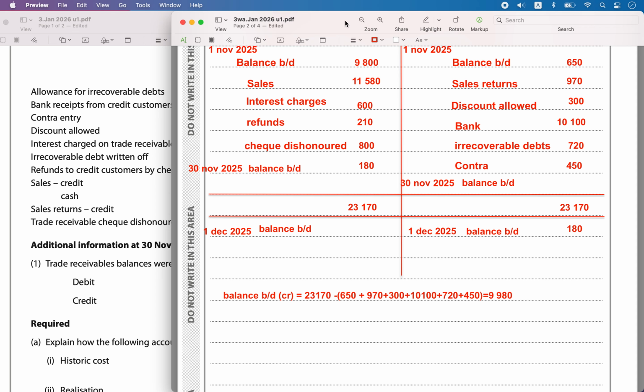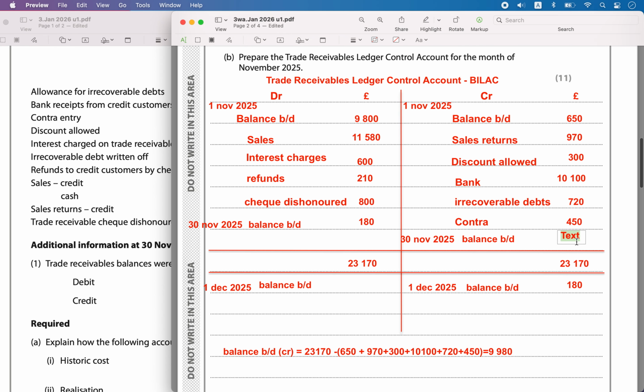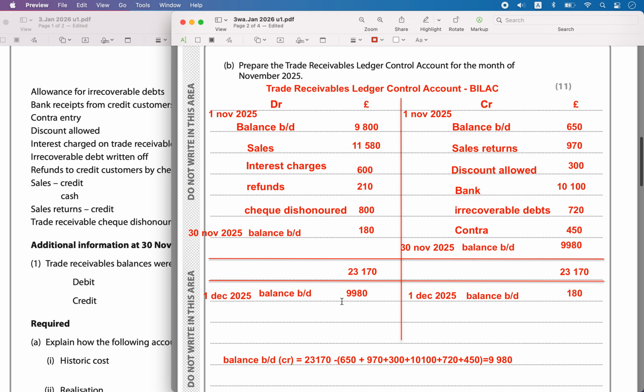So now let's write the balance here: 9,980, a debit balance. On the ending it is 9,980. Now this will also be the debit balance at the beginning of the next month.